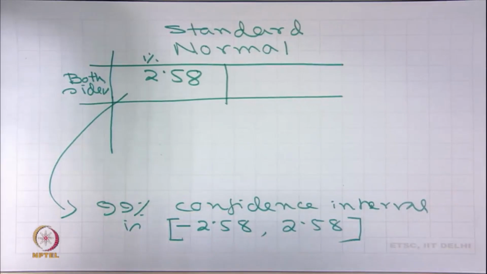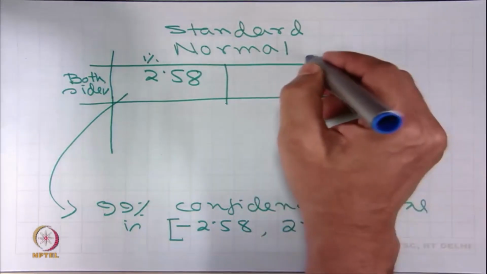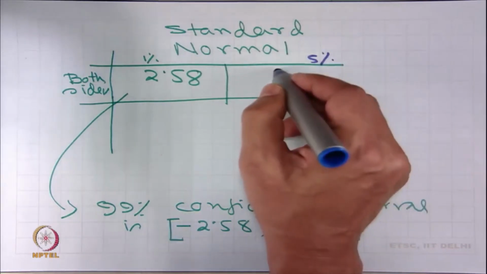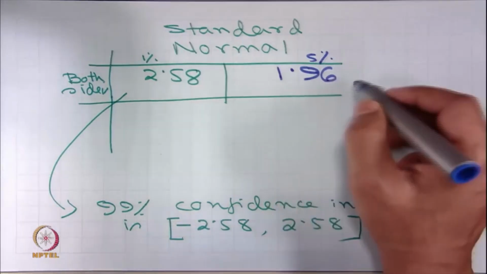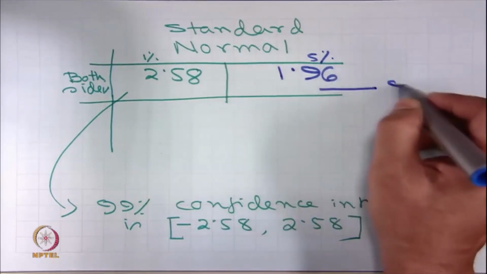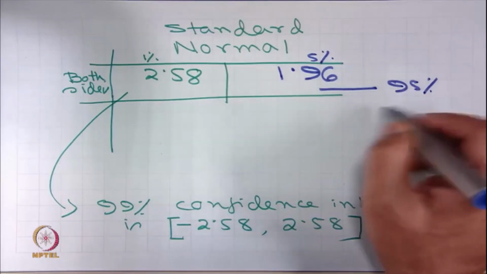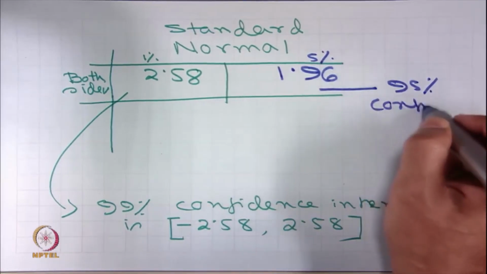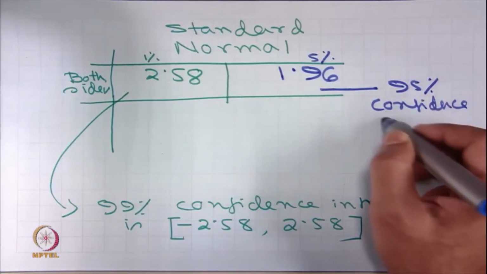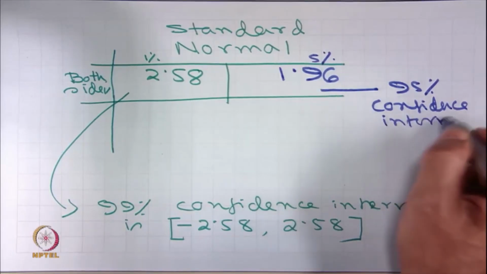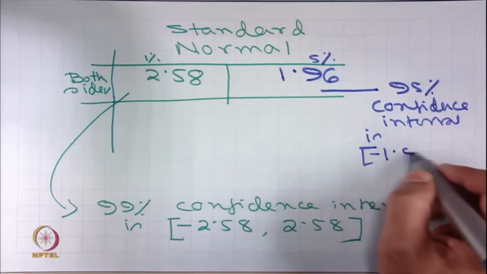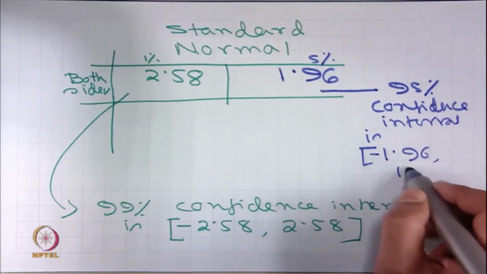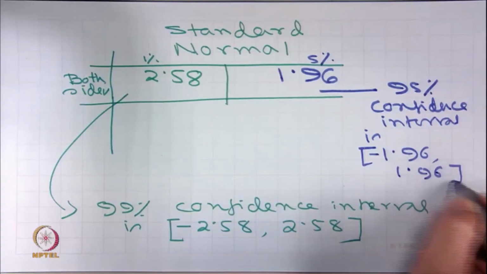Similarly, when we are looking at say 5% here, then this value we have just seen is 1.96, or the 95% confidence interval is minus 1.96 to 1.96.